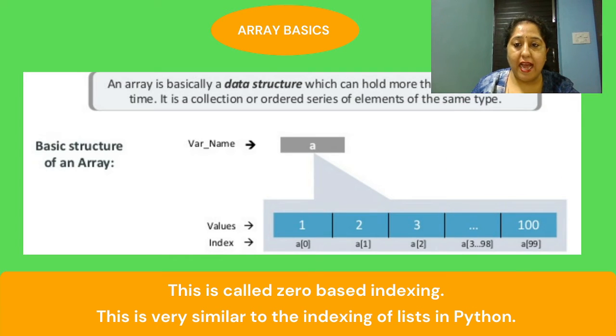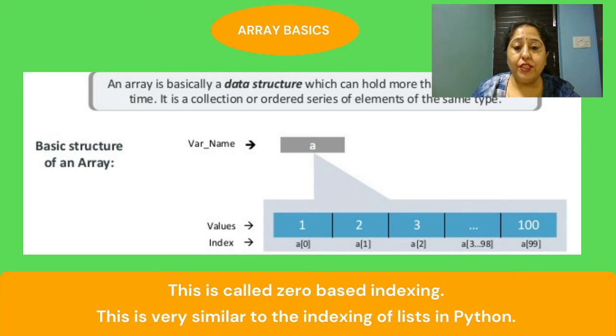This is called zero base indexing because the addresses in the memory in the array start from 0. That means the address index starts from 0, goes till 99. It means that it can store total 100 different values.